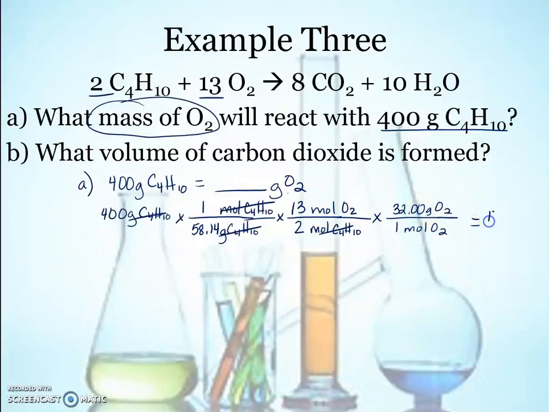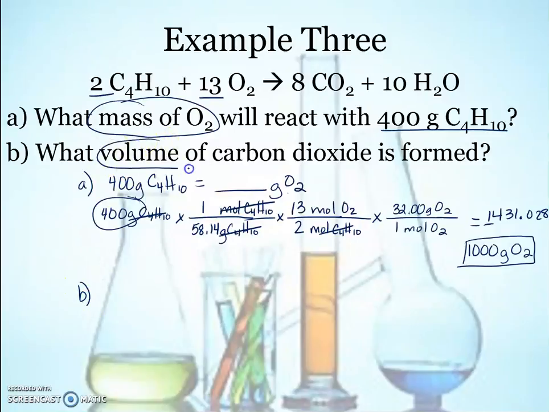And the calculator gives us 1431.028, blah, blah, blah. We don't want all that. We want one significant figure, so it becomes 1,000 grams of oxygen gas is what we need when we react 400 grams of C4H10.